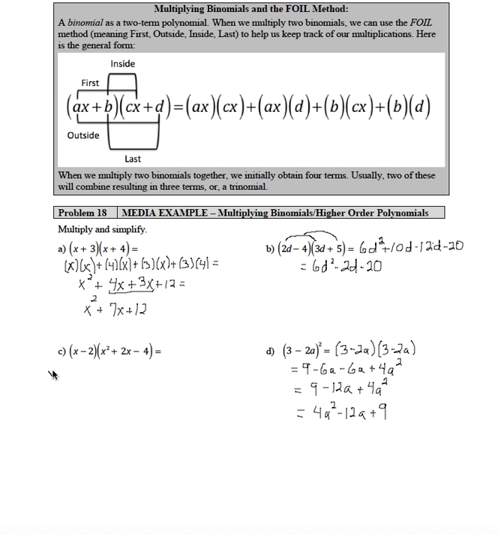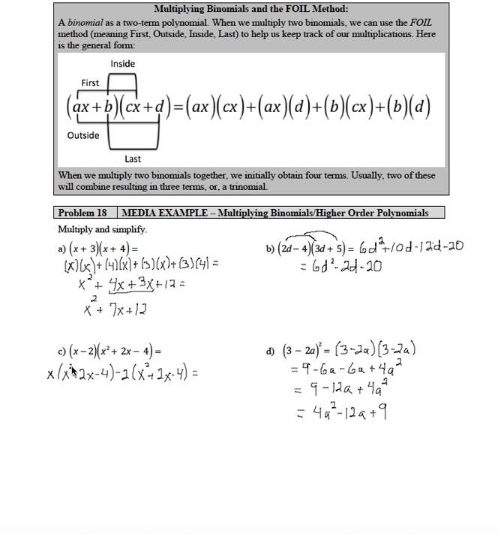I want to multiply x times everything in the second set of parentheses, so x squared plus 2x minus 4. And then what I want to do is multiply minus 2 times everything, x squared plus 2x minus 4. And so all I'm doing is breaking up x times everything in the trinomial minus 2 times everything in the trinomial, and let's see how that shakes out.